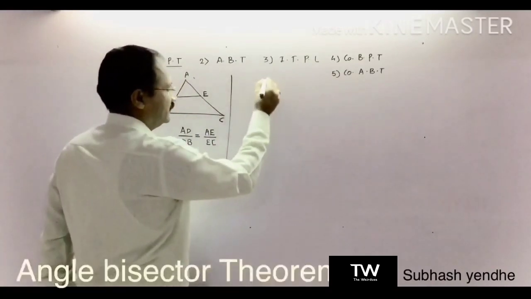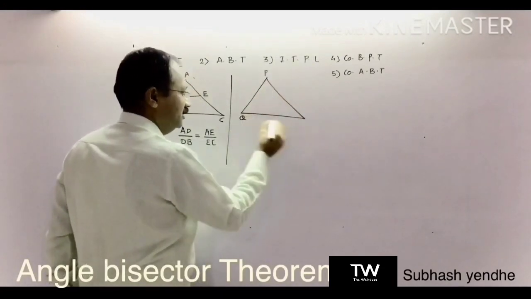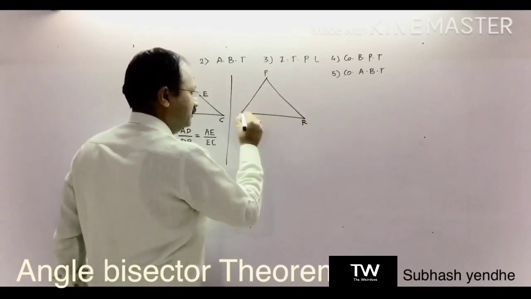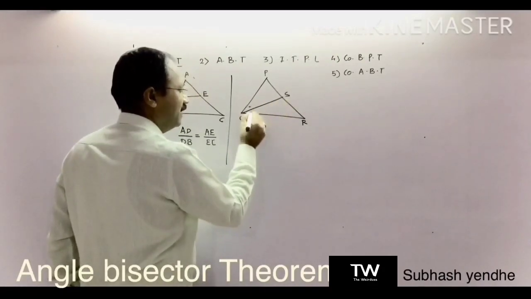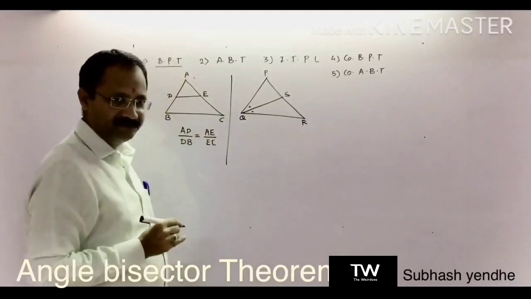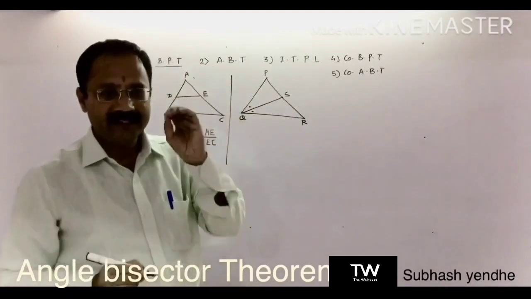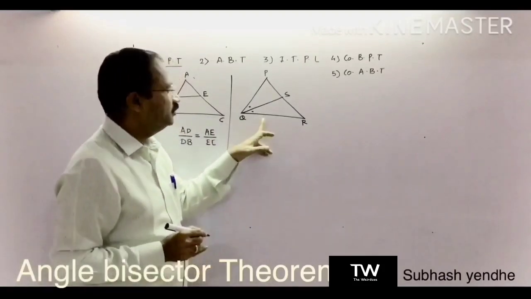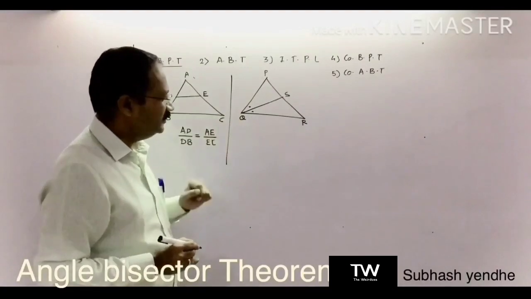Second part. This is triangle PQR. In PQR, QS is an angle bisector. If in a triangle, an angle bisector is there, then you have to use angle bisector theorem. What does it say?